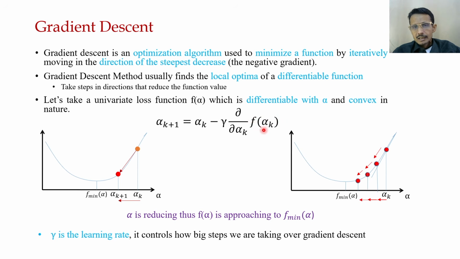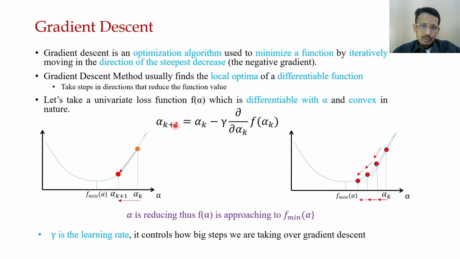So this is your cost function. It is differentiable at alpha k and multiplied by the learning rate, and this whole term is subtracted from the current alpha k to get the next alpha k plus 1. This is a parameter update, or weight update, which we can call one step.